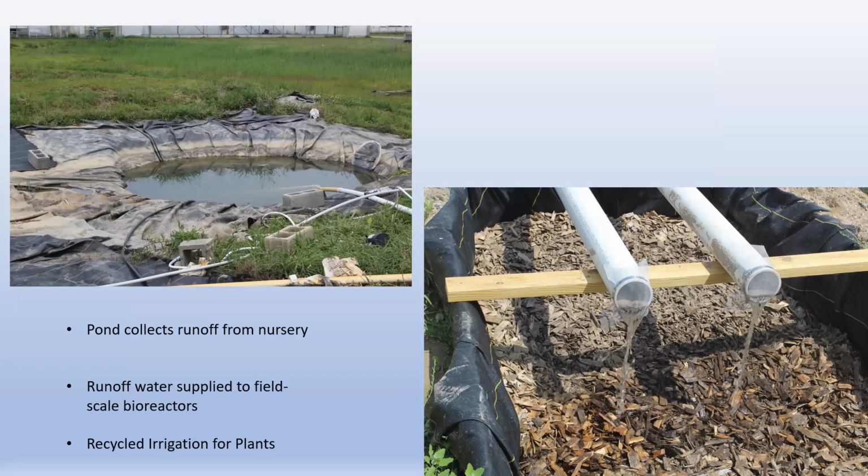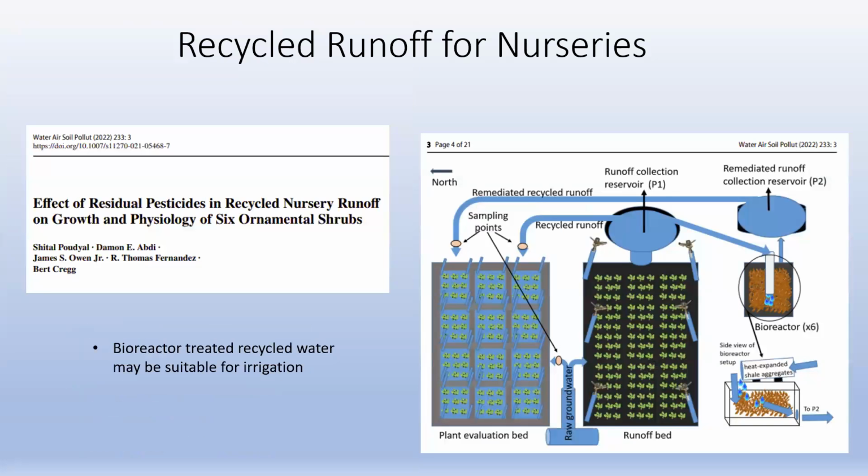So there's tons of fertilizer and pesticides in this. We take this dirty, contaminated runoff water and supply it to these field bioreactors. These field bioreactors gave it some treatment, and then afterwards, that cleaned water was sent to irrigate the plants.